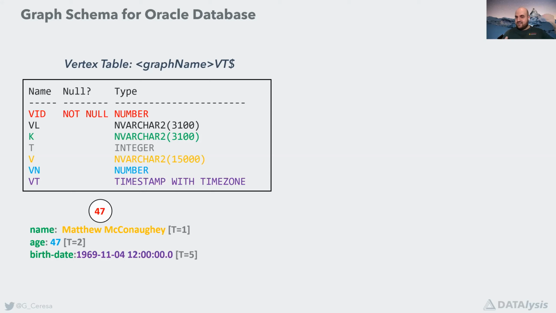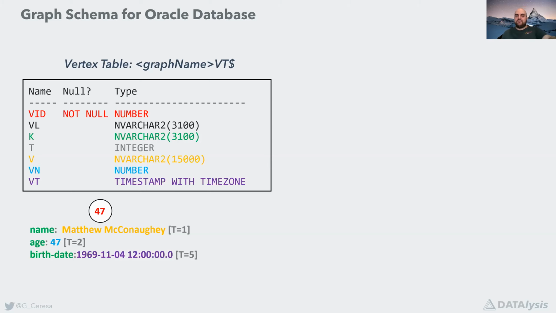So K is the key, T says which type of data it contains, if it's a varchar, a date, or a number. And because you can store any kind of information as a value, there are 3 columns. V is a string, a varchar, VN is a number, and VT is a timestamp. So you can store any type of information.